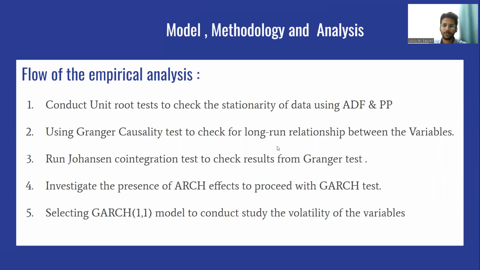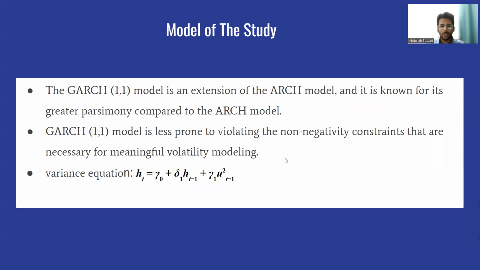After that, we investigated the presence of ARCH effects, and after the presence of the ARCH effects, we selected the GARCH(1,1) model to conduct a study of volatility of these variables. We chose this GARCH(1,1) model as an extension of ARCH model, and it's known for its greater parsimony compared to the ARCH model, and also is less prone to violating the non-negativity constraints that are necessary for meaningful volatility modeling.